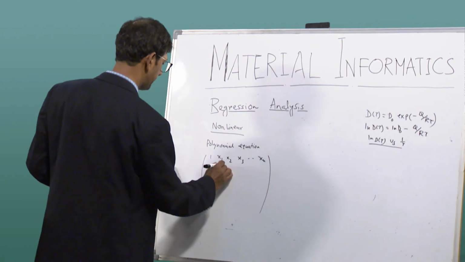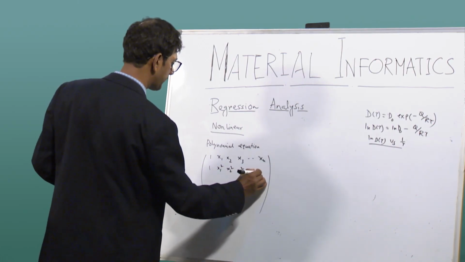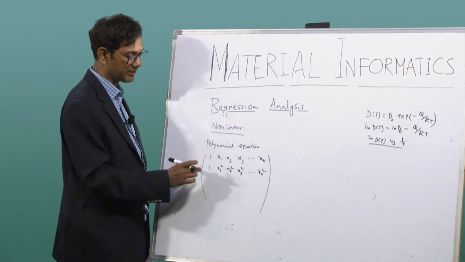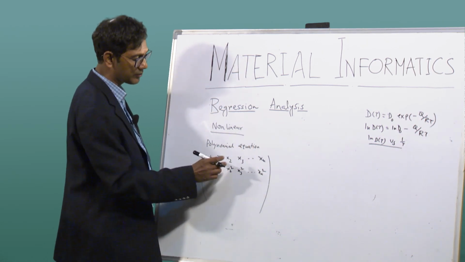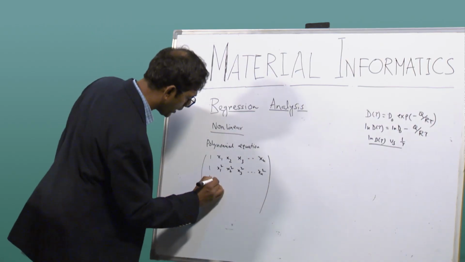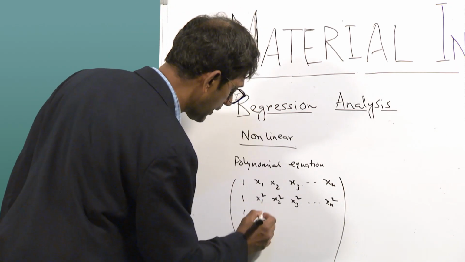Please follow me. It is very easy to remember. So this is a matrix: 1, x1, x2, x3 to xn, then 1, x1 square, x2 square, x3 square to xn square. Similarly 1. You must be thinking why I am using 1; it will be clear to you now.